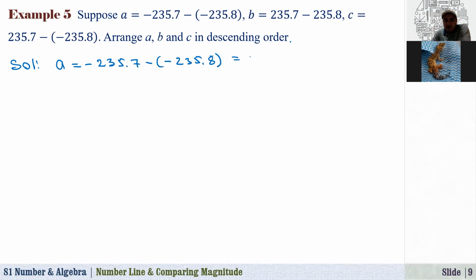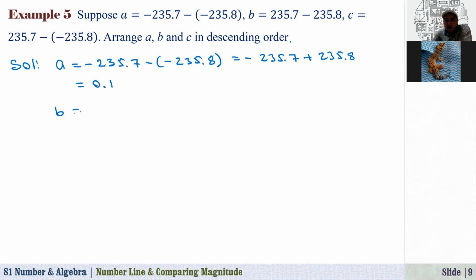So this minus is plus, so that is minus 235.7 plus 235.8, which is equal to 235 is gone, minus 0.7 plus 0.8, so that's equal to 0.1. That's the value of A.